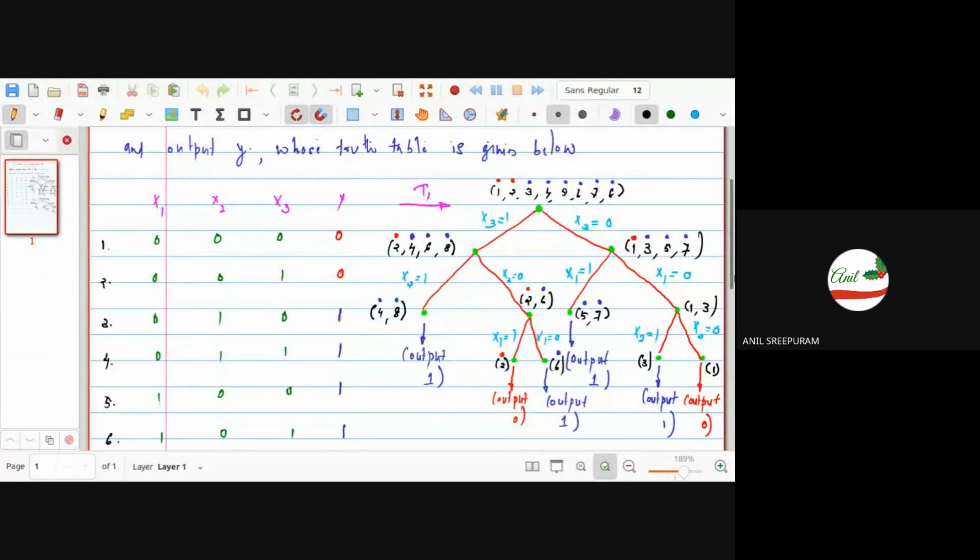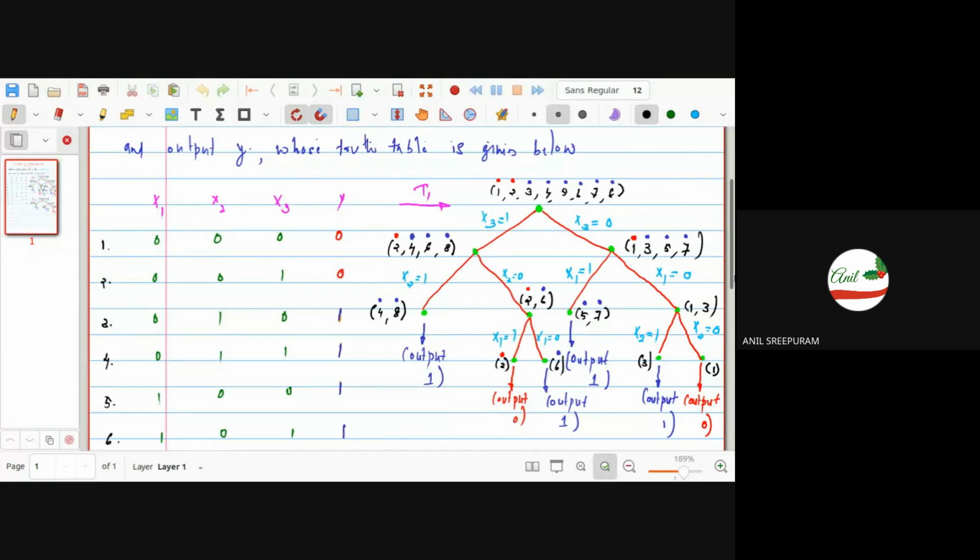So accordingly, I have two branches, since I have two values for x2, x2 was 1 and x2 was 0. At the left child of the root node, we have only four data samples, 2, 4, 6, and 8. And out of these 4, how many are having x2 equal to 1? 4 and 8. When you go through the table, you can see that 4 and 8 will be having x2 equal to 1. And 4 and 8 are now in the same category of y.